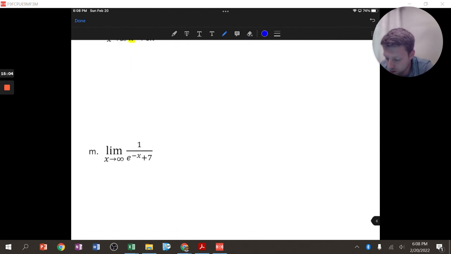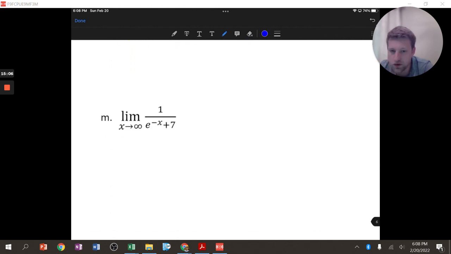The last one, part M here, still describes a limit as x goes to infinity, but now we're taking a look at a ratio that includes e to the negative x. So one way I can consider this is just by quickly rewriting this function, and we'll rewrite this in a useful way with the limit as x goes to infinity of 1 divided by e raised to the negative x.